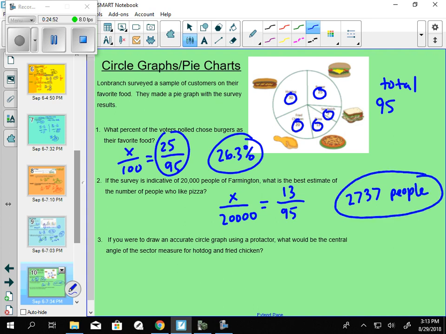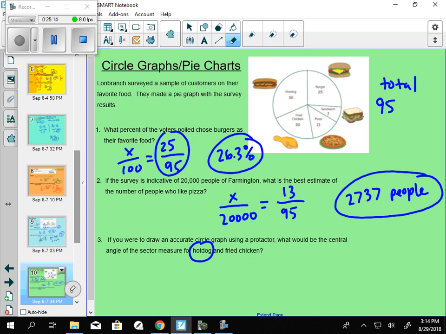All right, last one. If you were to draw an accurate circle graph using a protractor, what would be the central angle for the sector measure for hot dog and fried chicken? Okay, so on this one, let's start with hot dog here. If we wanted to find the hot dog amount, you can look at the graph and again know that hot dog was 30 out of 95.